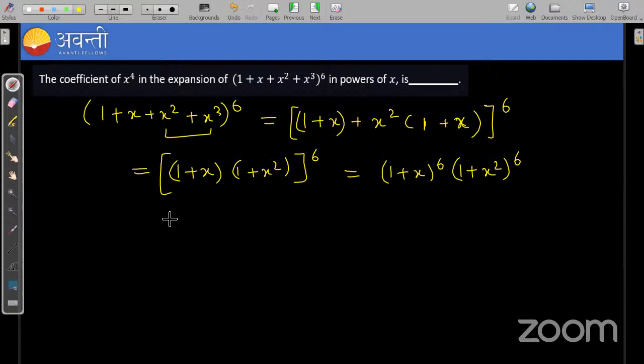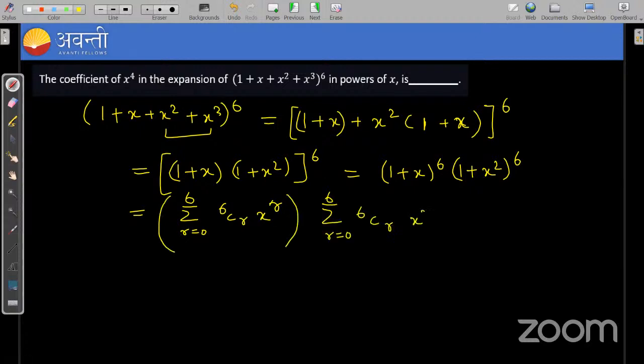So we can write this in the summation form: summation from r equal to 0 to 6 of 6Cr x to the power r, into summation r equal to 0 to 6 of 6Cr (x²) to the power r.